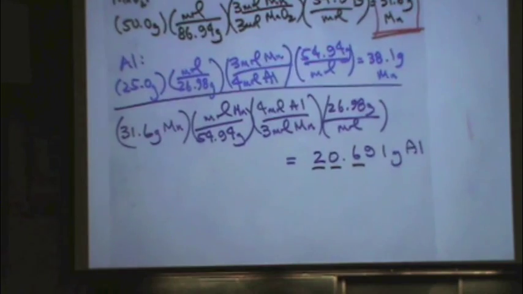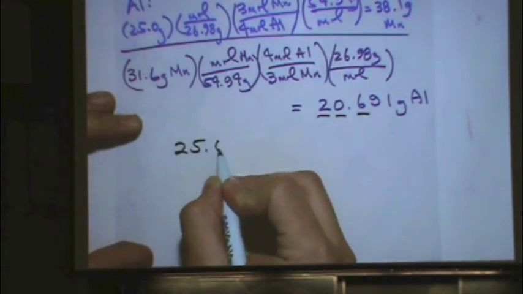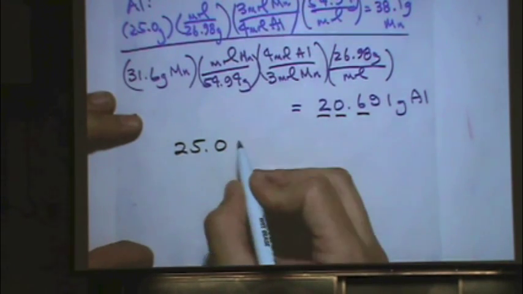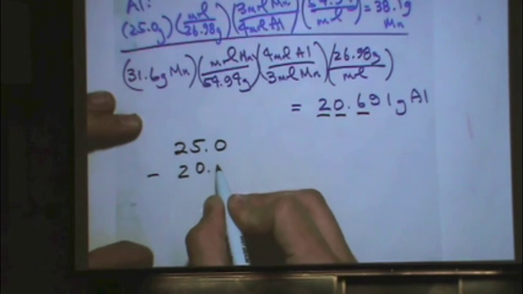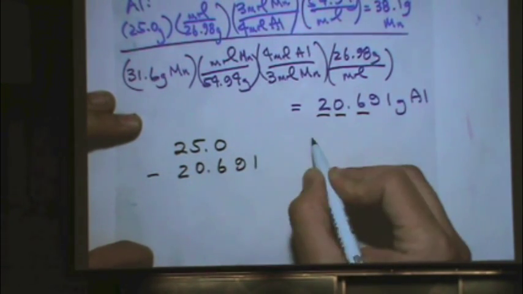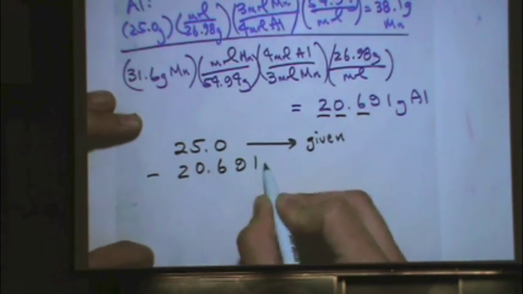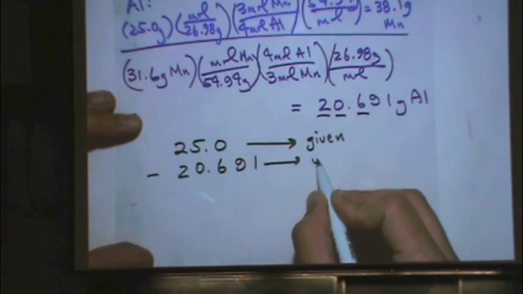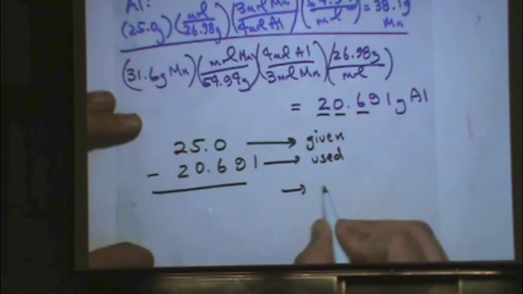So what we're going to do now is take the amount given, that's the total amount we had, minus the amount that I used. So this is given, and this is used or calculated, and I'm about to find the remaining.